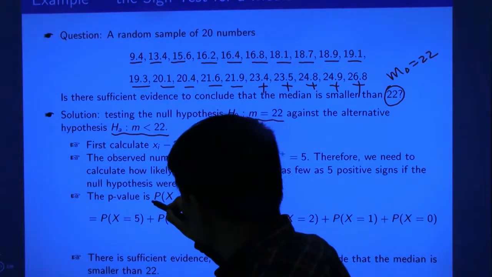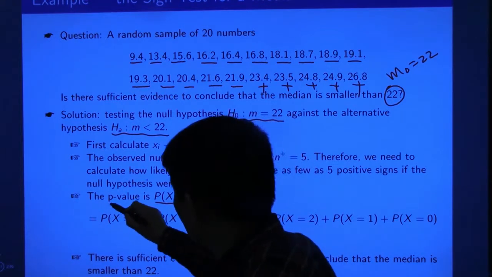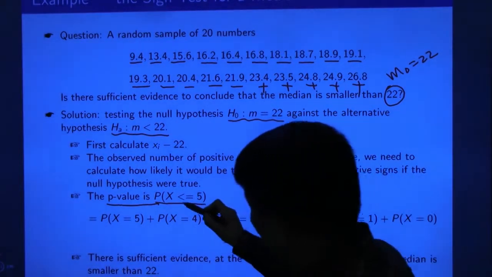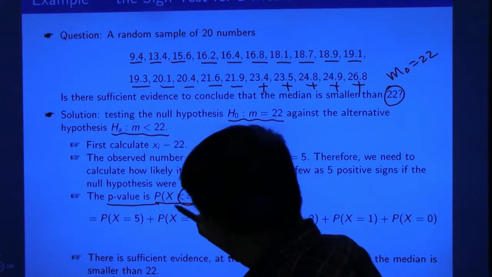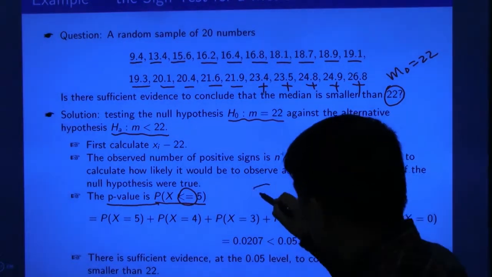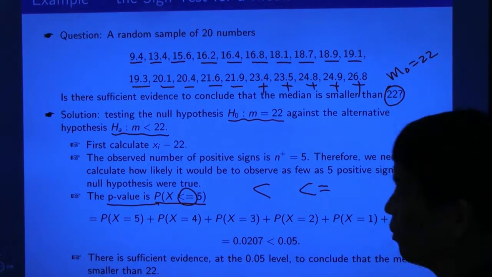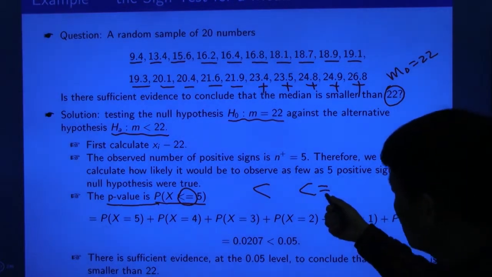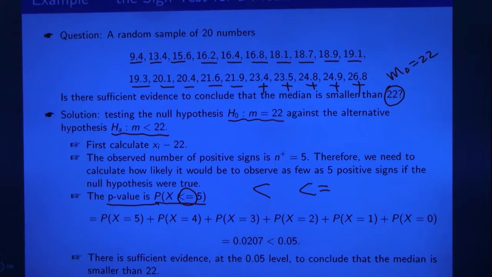The p-value is P(X less than or equal to 5). Keep in mind it is less than or equal to. For discrete variables, there is a difference between less than and less than or equal to, so we need to make sure there is an equal sign here.